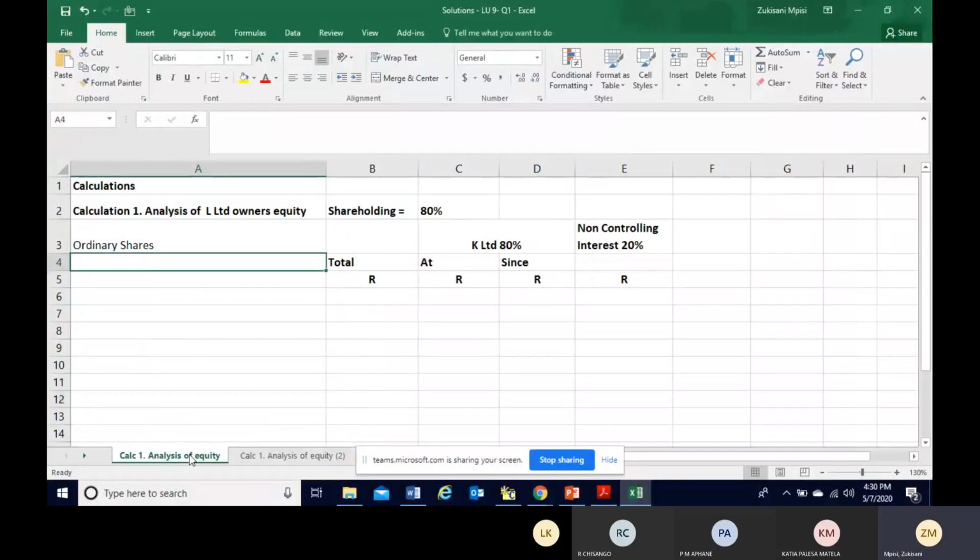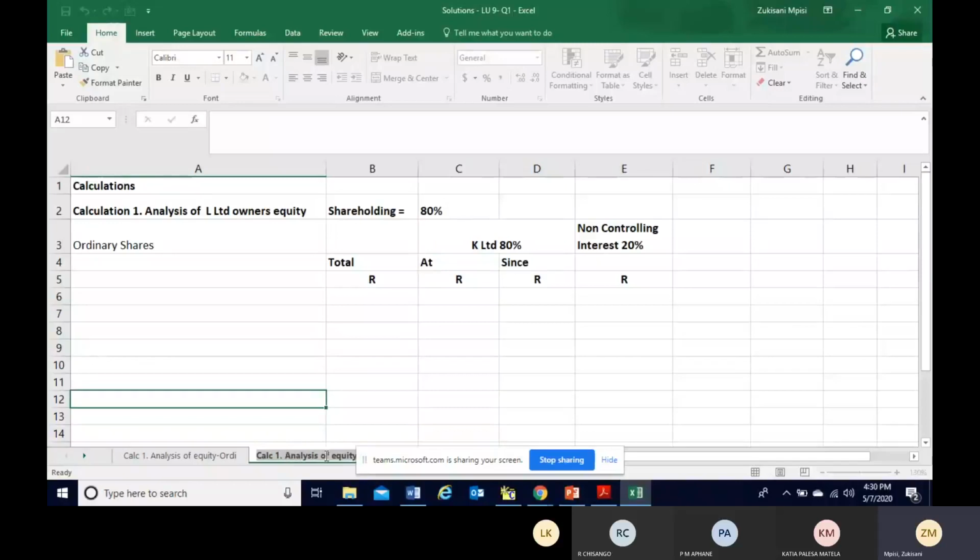The first analysis of equity is for ordinary shares, and the second one is for preference shares.